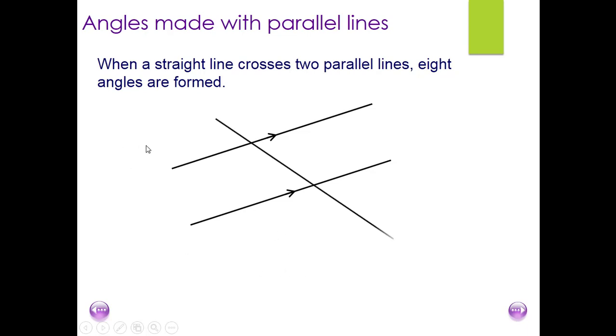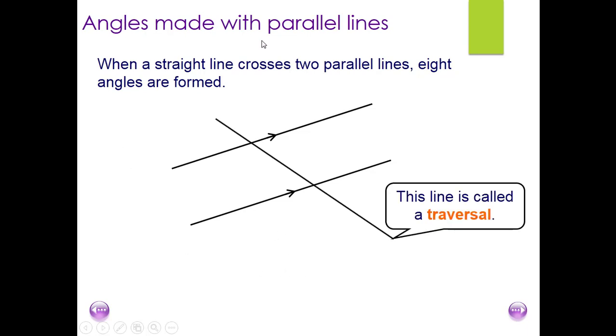So again, angles made with parallel lines. When a straight line crosses two parallel lines, 8 angles are formed. Where are they? We have this line and the other one, and these two lines are parallel. If a line crossed them, we will have 8 angles. Where can they form?